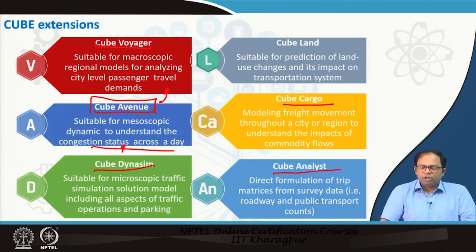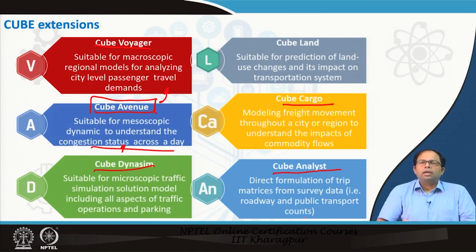And we also have Cube Analyst, which is a direct formulation of trip matrices from survey data, that is roadway and public transport counts. Usually it is not possible to do these travel demand surveys, or rather trip travel diary surveys.